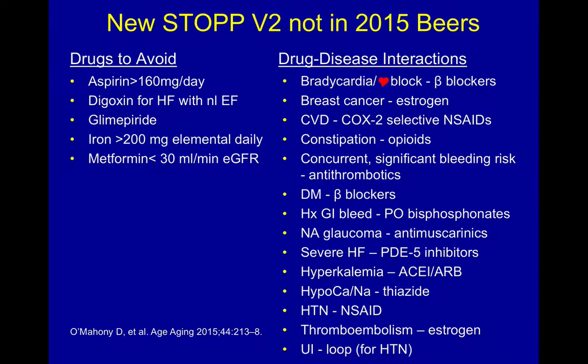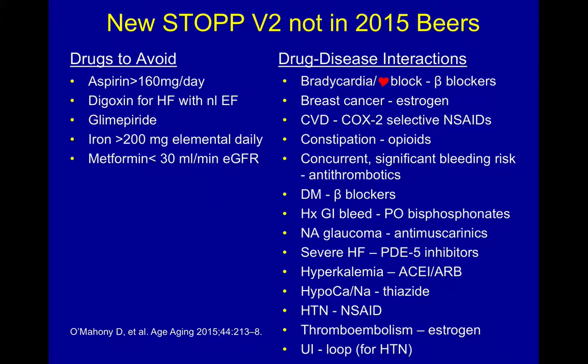Some of these others could be impacted in non-geriatric patients, and what I mean by that is we don't recommend aspirin greater than 160 anymore, as there's not a lot of benefit, especially in terms of prevention. We don't recommend, in any patient with renal dysfunction, using metformin below 30 mLs a minute. We caution patients who have diabetes on beta blockers because they could mask hypoglycemia.